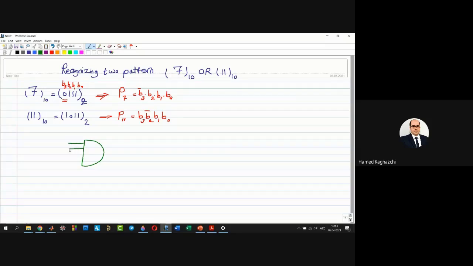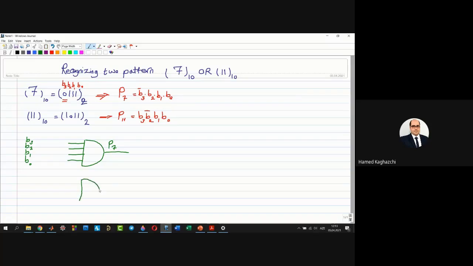It means that I have 4 inputs: B0, B1, B2, and B3. I want to produce P7.